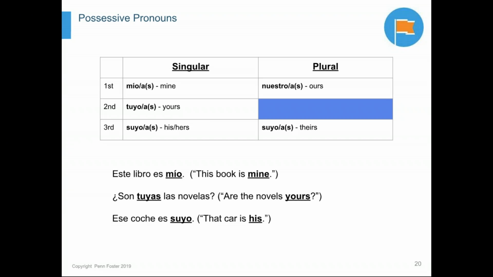As you change the number and the gender of the noun, as you see in the second example, the question, since novelas, novels, is a feminine and plural noun represented by the AS, then the possessive pronoun must also be feminine and plural. So, ¿son tuyas las novelas? Are the novels yours? Everything about that sentence that can have gender is feminine and plural.